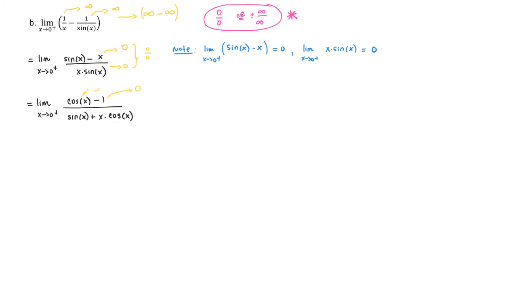As x approaches 0 from the right, sine is approaching 0, and x approaches 0, cosine approaches 1, so I get 0. Again, I have the indeterminate form of 0 over 0, which is telling us that we're going to have to apply L'Hopital's rule once again. Notice, just quickly checking the conditions here, the numerator is differentiable in a small neighborhood to the right of 0, and the denominator is also differentiable, and it is non-zero.